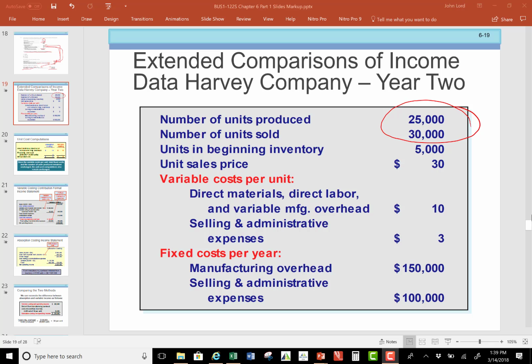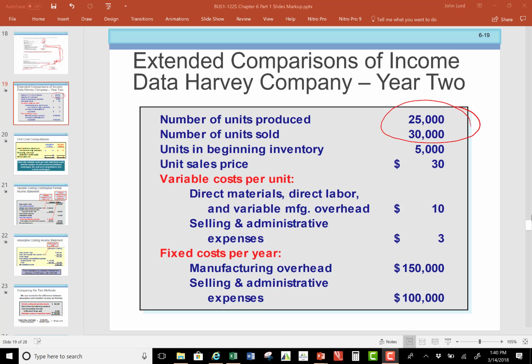So when we look at the difference between our variable and our absorption, we really need to analyze the inventory account. If the inventory account increases for the period, then absorption is going to have a higher operating income. If our inventory levels decrease for the period, then variable will have the higher operating income because they've already taken the fixed cost in another period, right?